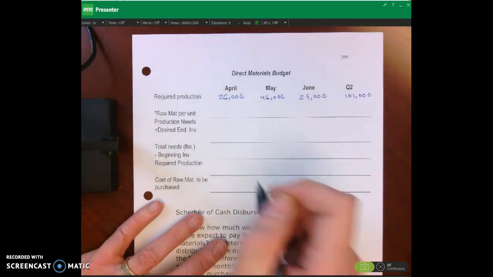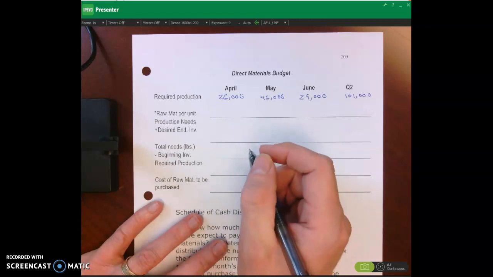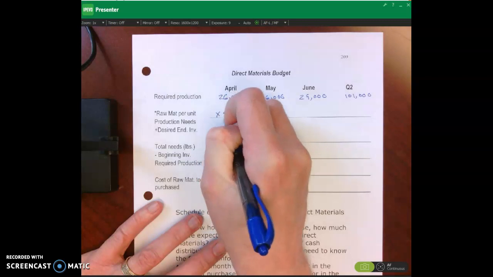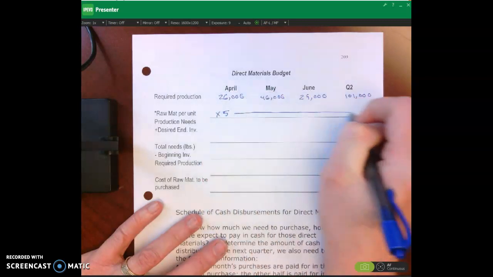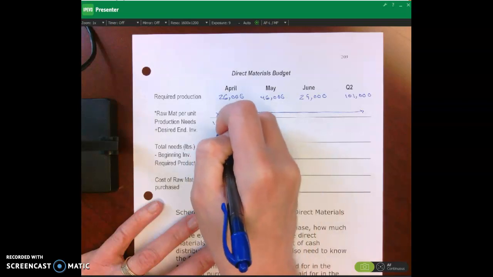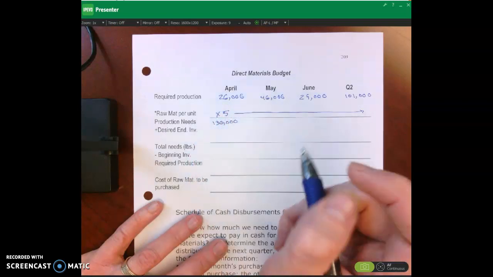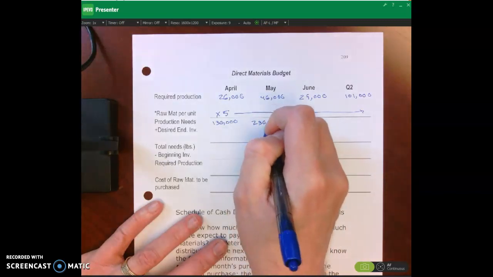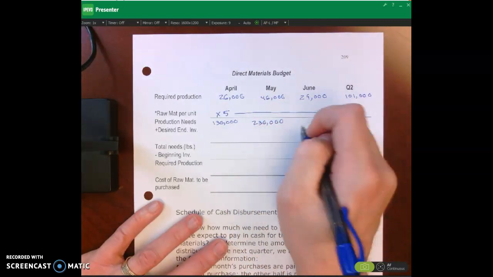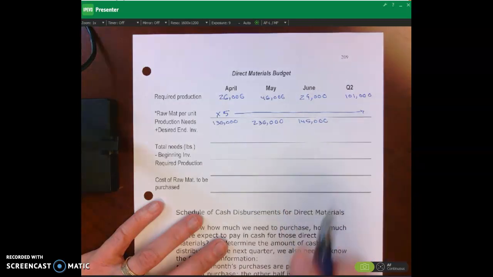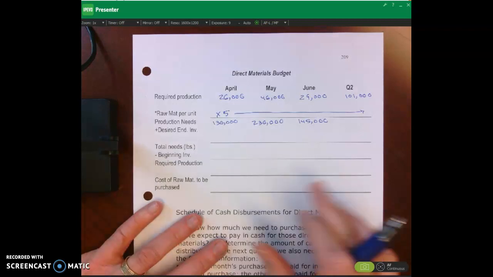We were told on the prior page that each unit requires 5 pounds of direct materials. So I'm going to multiply those units times 5. That becomes my production needs: 130,000 pounds, 230,000 pounds, and 145,000 pounds. And then I'm going to leave the quarter blank because we'll come back to that.